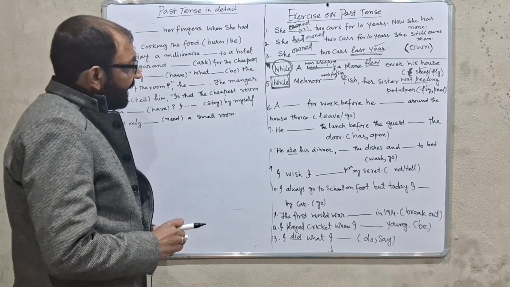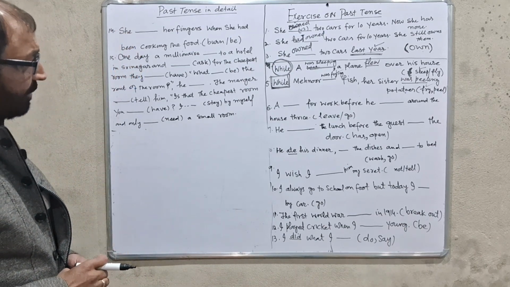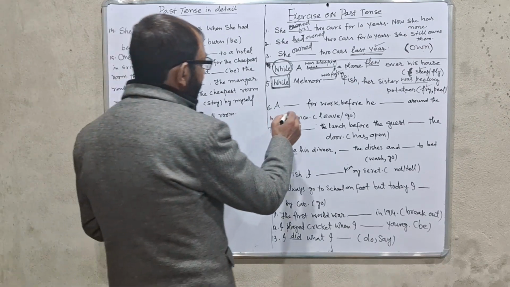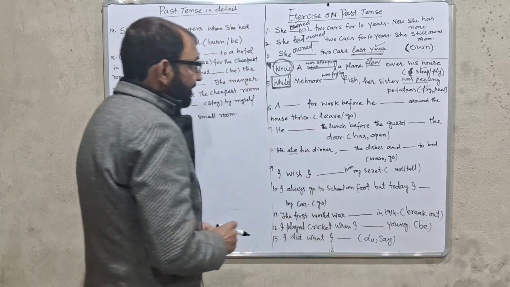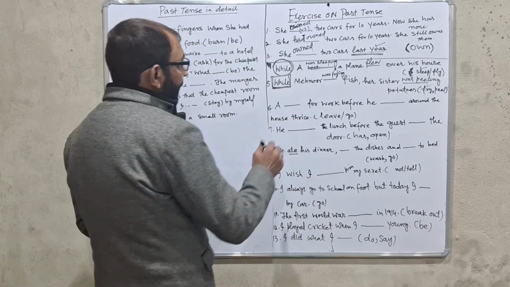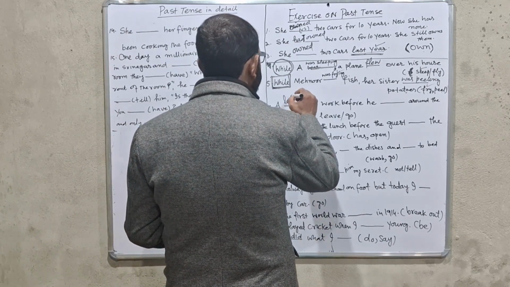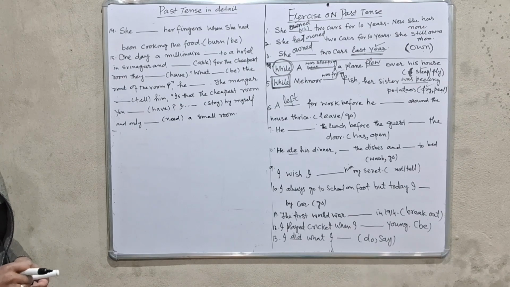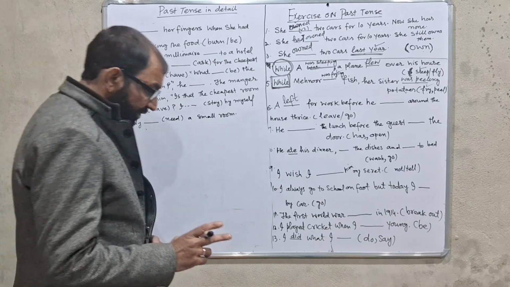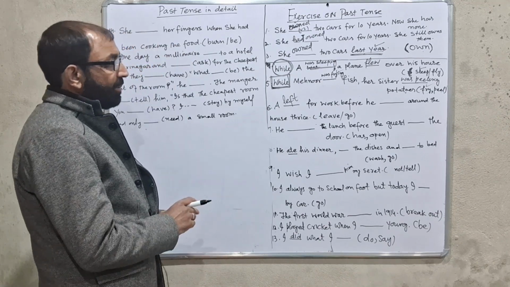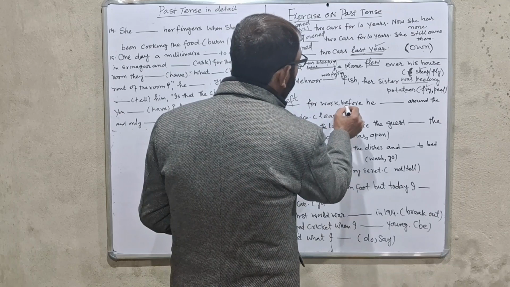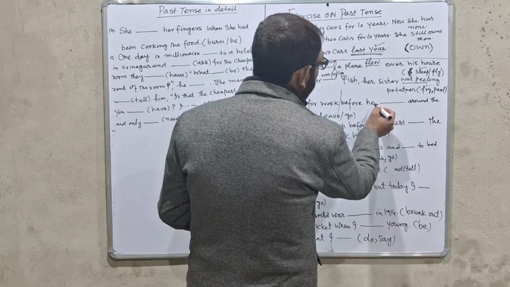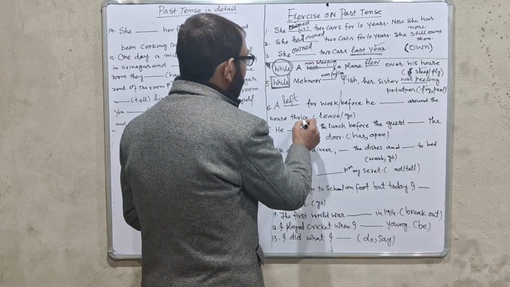Item number 6. A dash for work before he dash around house thrice. No clause is given here. I will give one clause. A left for work means past simple. But when? That should be the question for you to get the answer for the tense. A left for work. When?